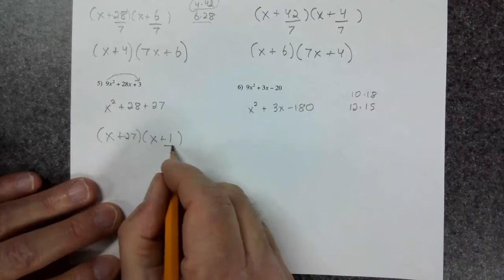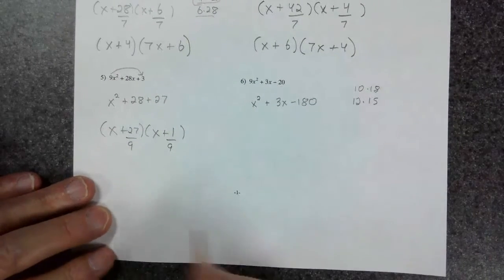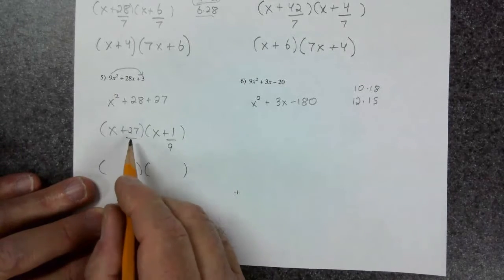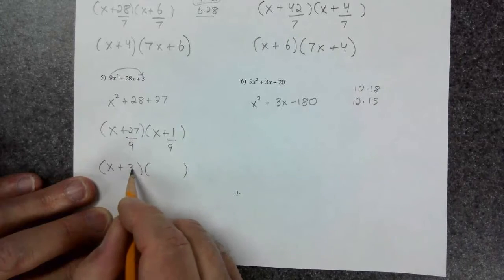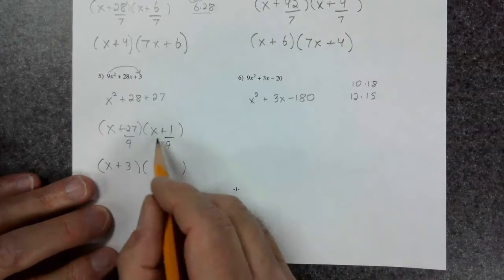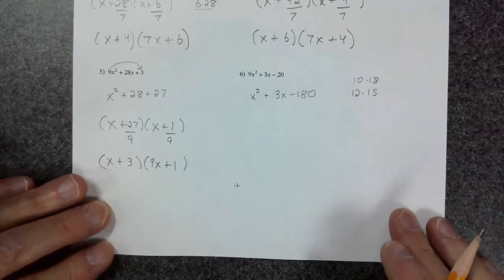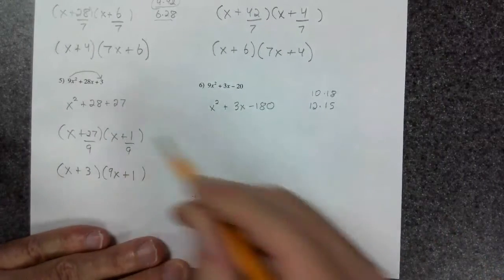I slid back to 9. Divide the slide back out. Go for your answer. 27 divided by 9 is 3. This one's already simplified. Put the 9 in front, like that. All right, bottom up the 9 is what that's called.